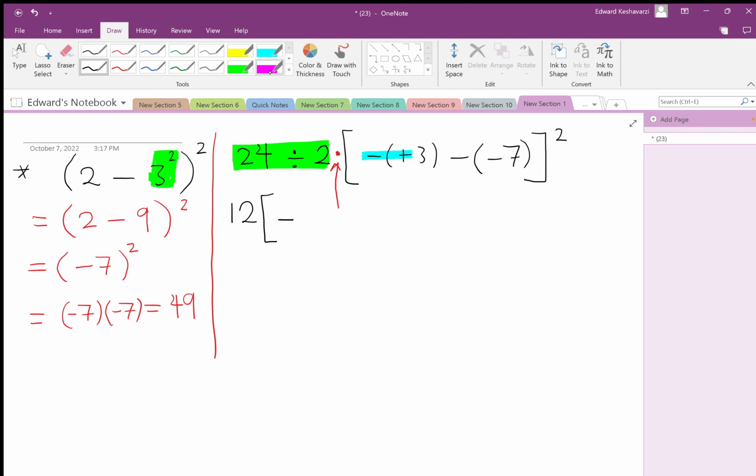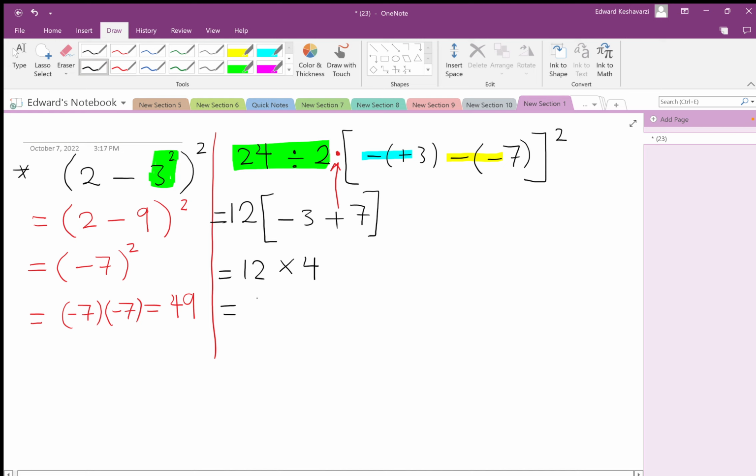Also here, negative negative is going to be positive. So therefore we'll have negative 3 plus 7. 12 stays. Negative 3 plus 7 is 4. And finally 12 times 4 is 48.